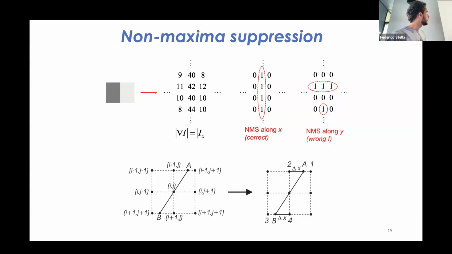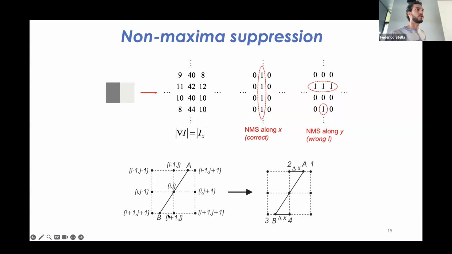So if the edge is in vertical direction like this, we want to perform non-maximum suppression on the horizontal axis. If it is diagonal, no problem. We can simply linearly approximate intermediate values between pixels, so that we have these gradient values in non-pixel positions.